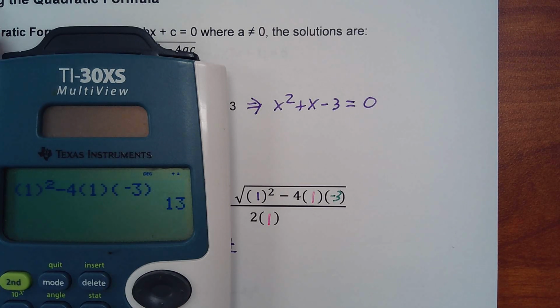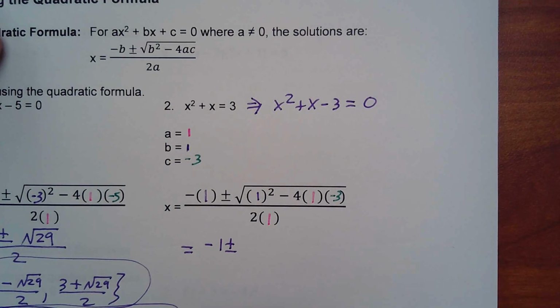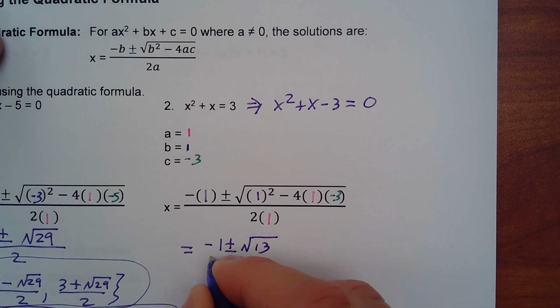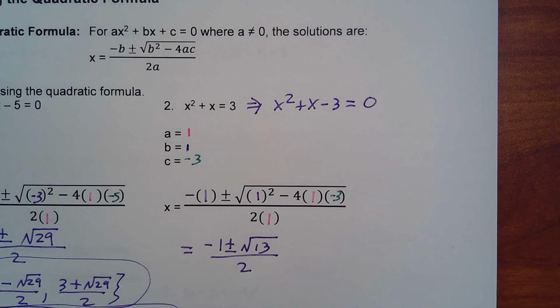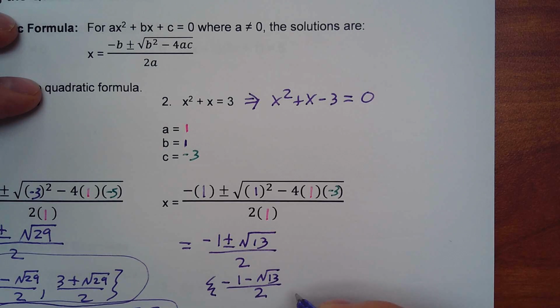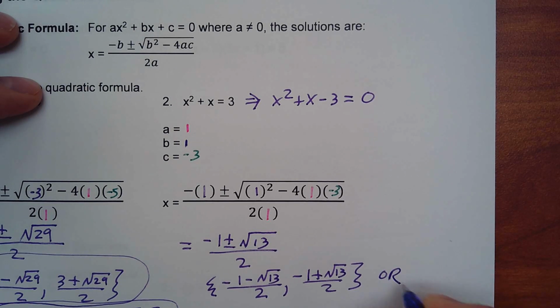That looks like 13. So this would be the square root of 13 over 2. And again, that can represent two different answers. I can represent my answer this way, where I keep both answers as an entire fraction, or I can split them apart.